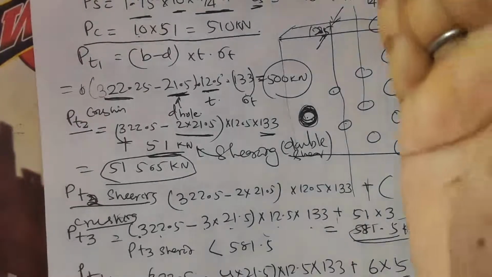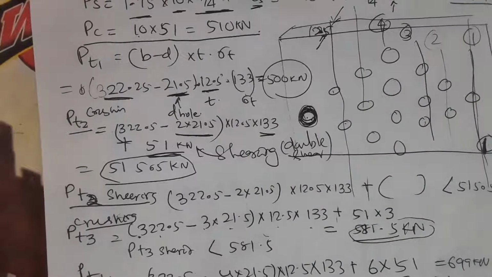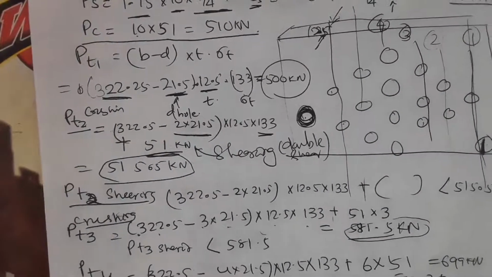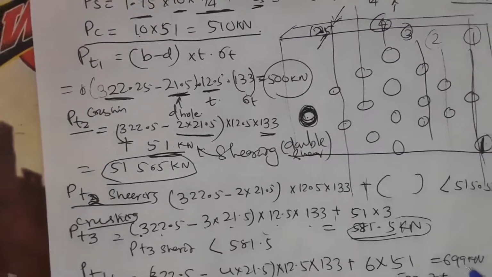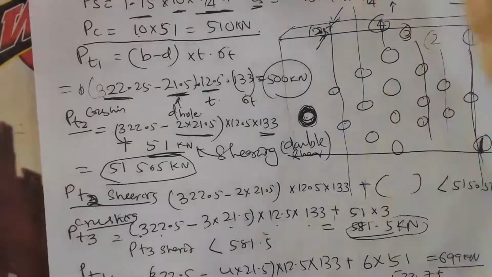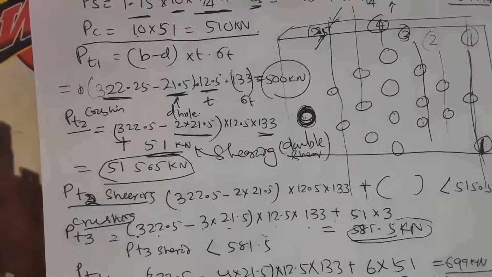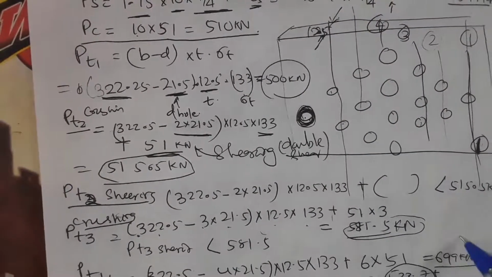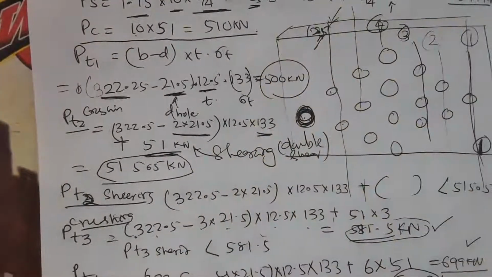Similarly, we consider this section, there are 4 rivet holes, so you will do this. Out of this is the solid strength of the plate, and the solid strength is 533. The strength of this joint is coming to 699. So the efficiency will be the least of all these things, and it is coming out to 500.